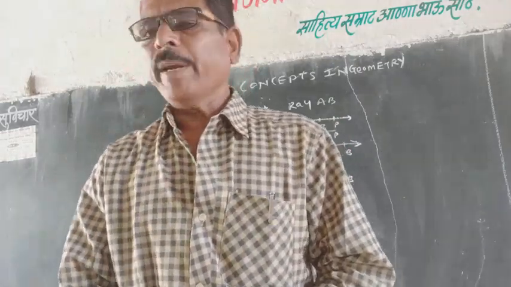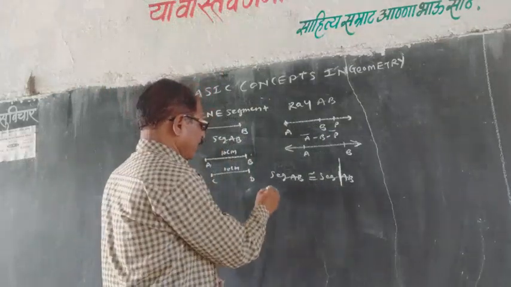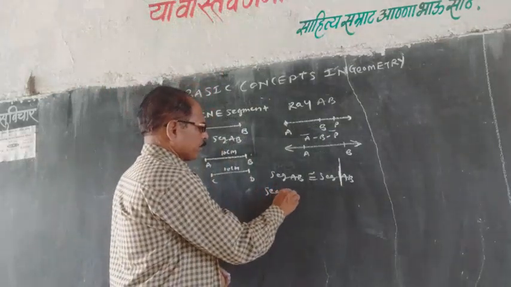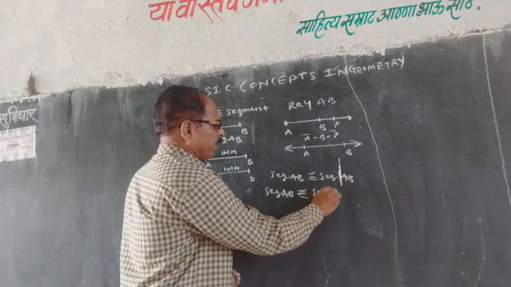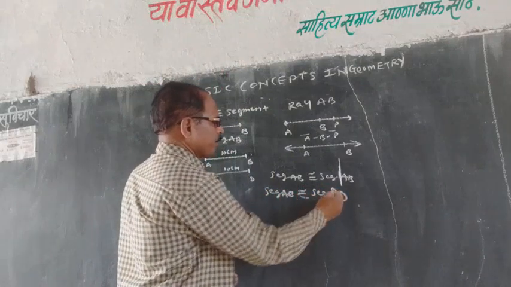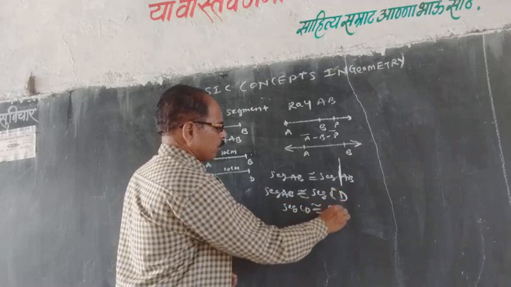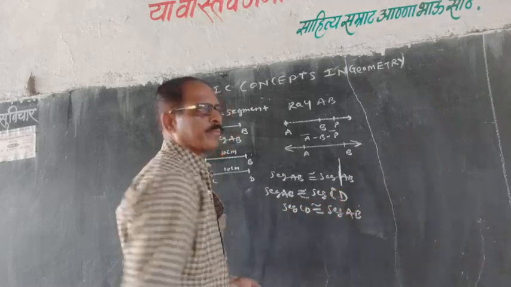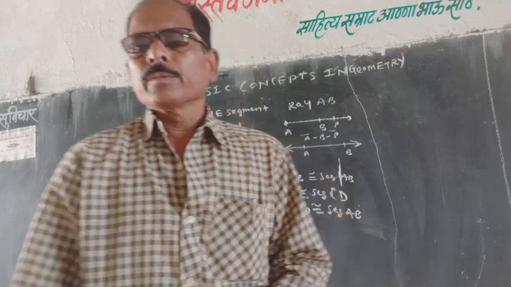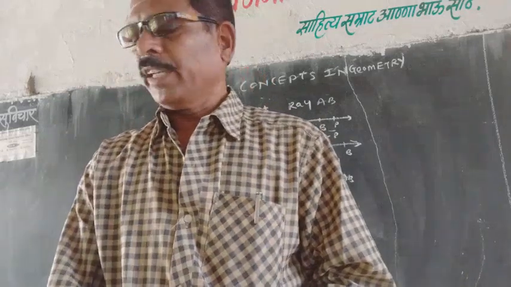Second, symmetry. If segment AB congruent to segment CD, then segment CD congruent to segment AB is the symmetry property.